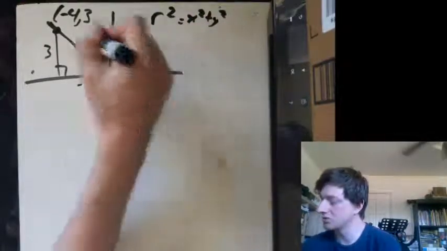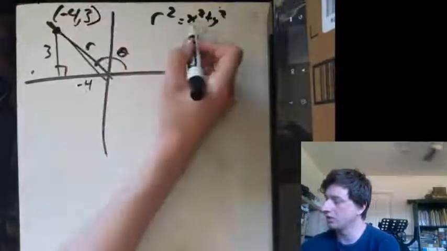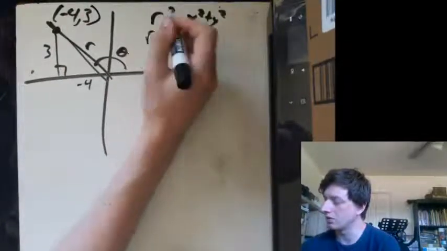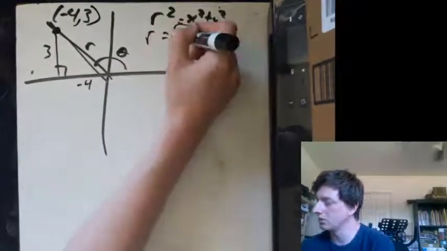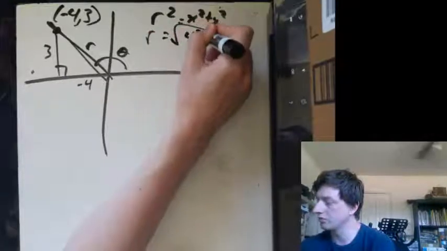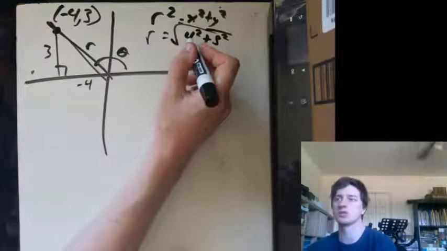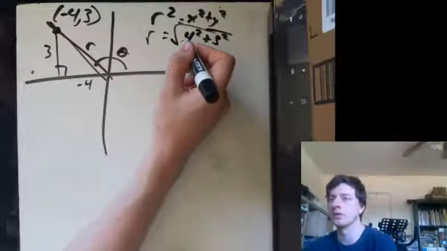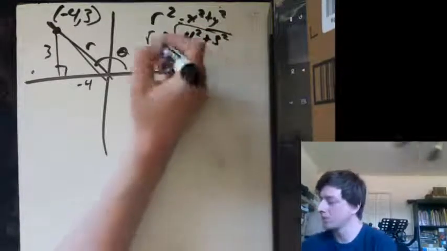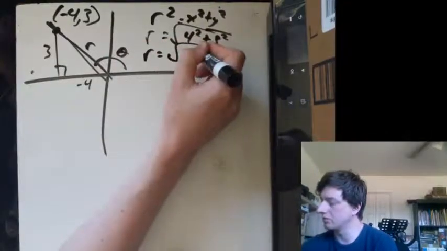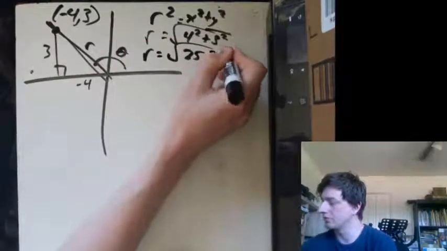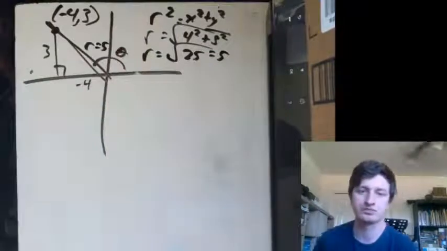And then we just substitute x and y into here and solve for r. So r is going to be the square root of 4 squared plus 3 squared. And I change it to just 4 because when we square the negatives just go away. Okay. So r here is going to be the square root of 25, which is 5. So our radius is 5.